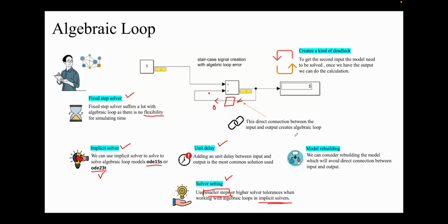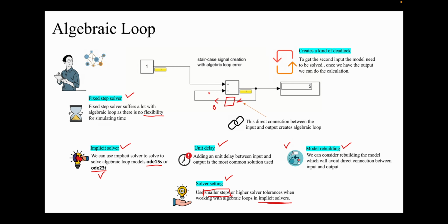The last approach: if you need an approach which will just remove the existence of the algebraic loop that you have modeled, what you can do is try rebuilding your model. You can try rebuilding the mathematical expression that you have, and then with the new design, if you can avoid the creation of a direct connection between the input and output, then you can avoid the algebraic loop.